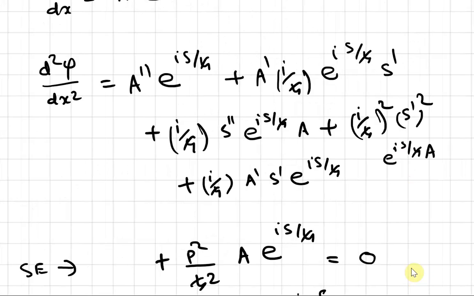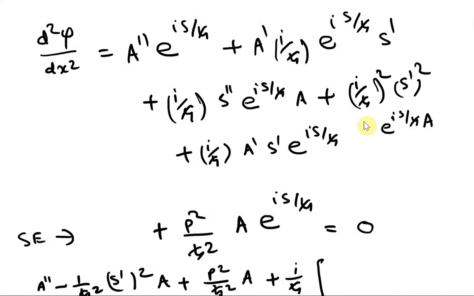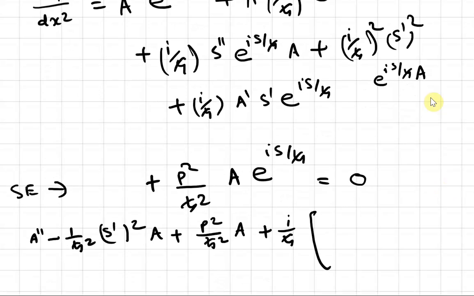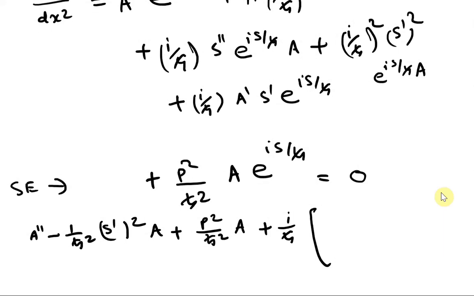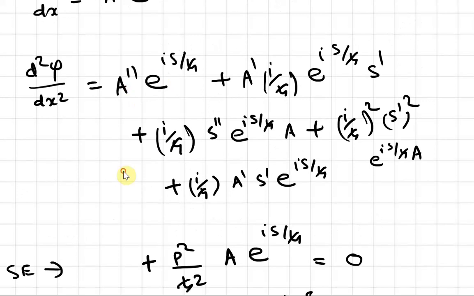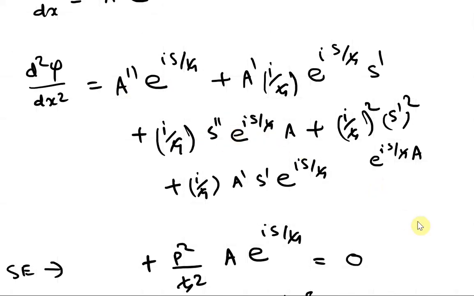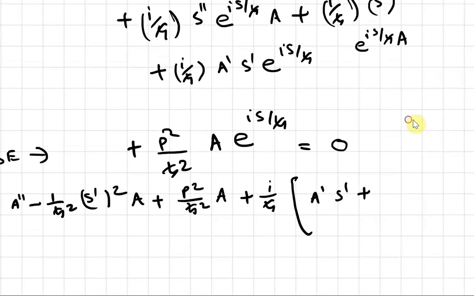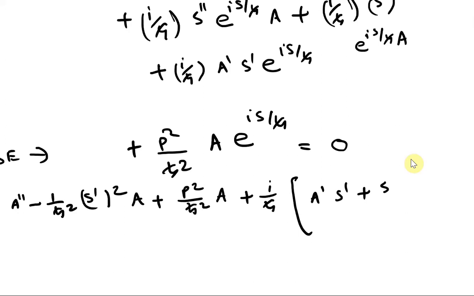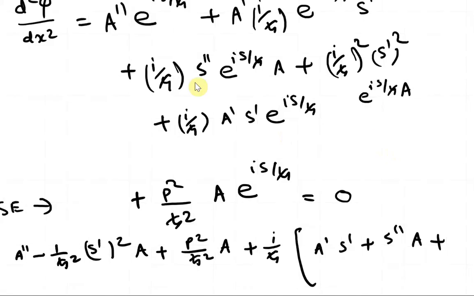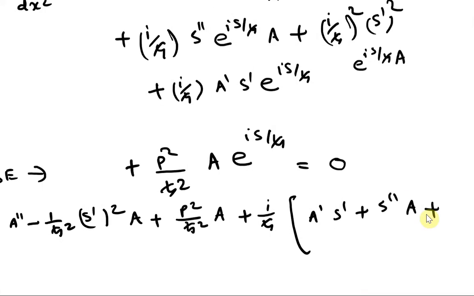First term, A prime S prime, plus S double prime A, plus A prime S prime again, so you can write it as 2 A prime S prime.